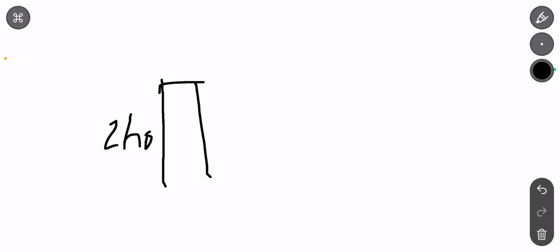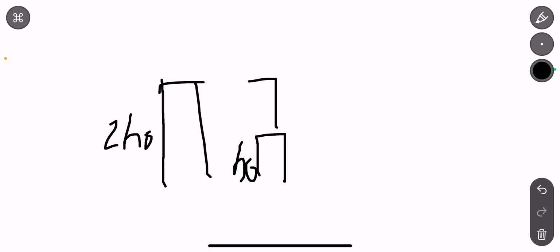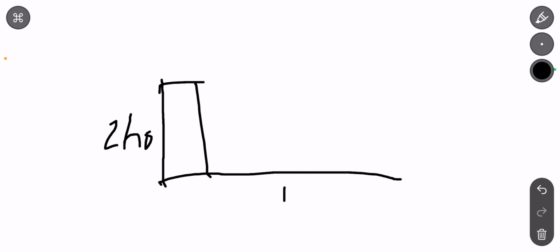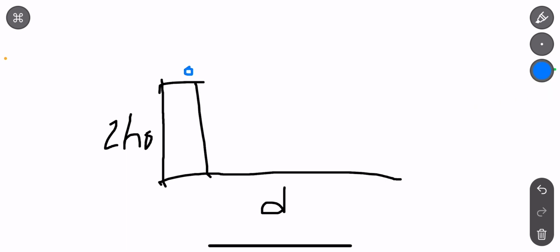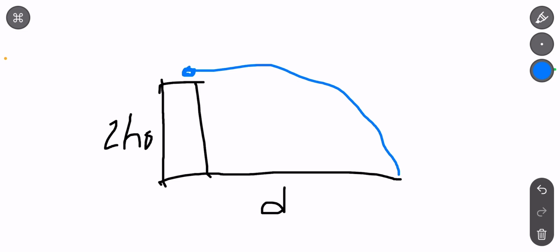Originally H0 is this big, but this is twice as tall, hence why we use 2H0, which is going to be the height. We know that's going across this, and we know this is D. And the ball, I'll make it blue, is from here and is going horizontally. So this is our drawing. This is how we're supposed to do it.